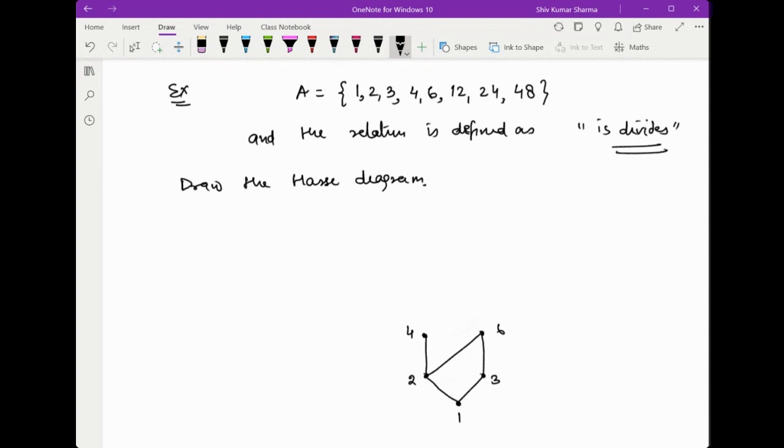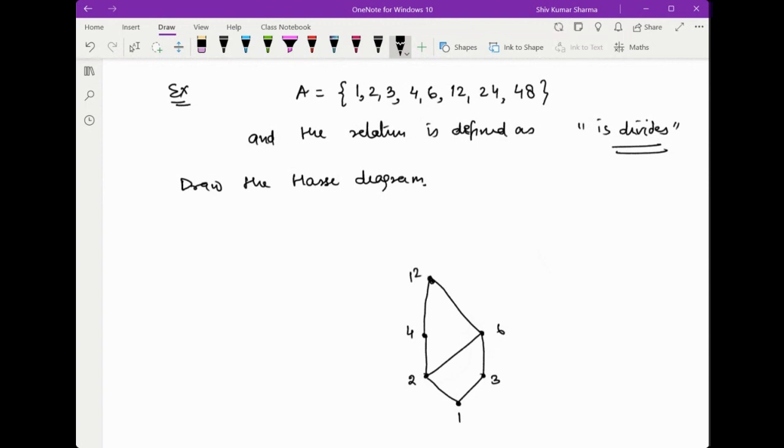Now we move to the next element, which is 12. We see that 4 divides 12 and 6 also divides 12. So we take 12 here.